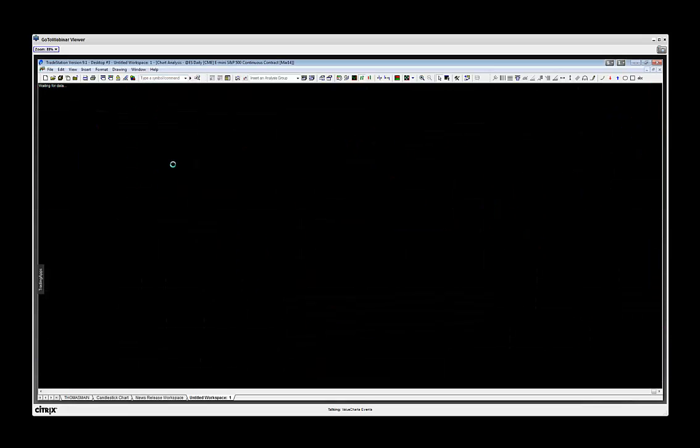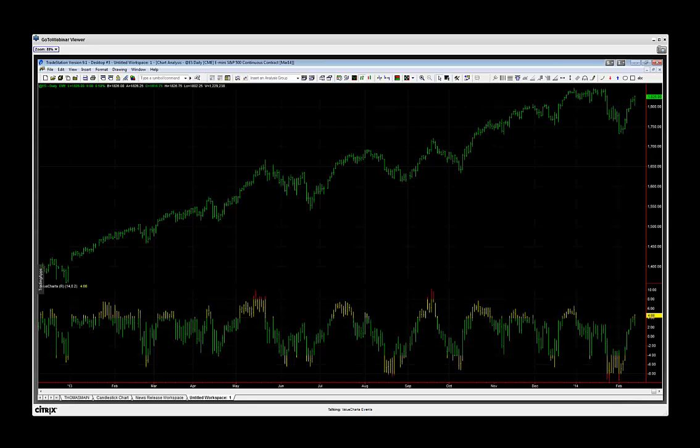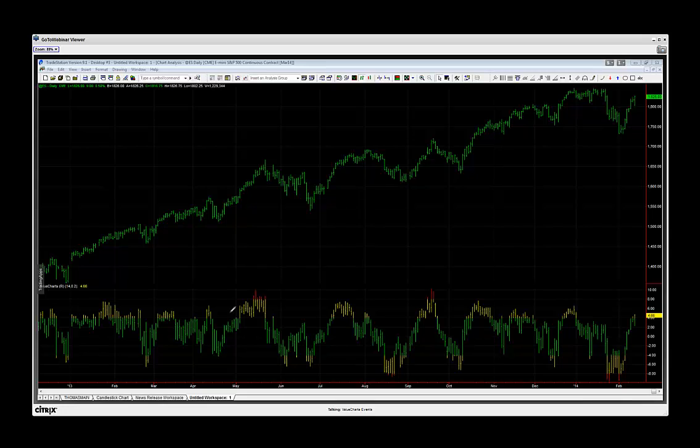Now, one thing to keep in mind with your value charts is it's not plotting price. If you look at your value chart at the bottom of the screen, you can see it's an oscillator, oscillating above and below this 0 line, which is a center line here. It's adjusting based on volatility, the dynamic volatility units, which are listed over on the right-hand side of the screen. Where a normal price chart is going up and down based on price, this is an oscillator going up and down above and below 0 DVUs.